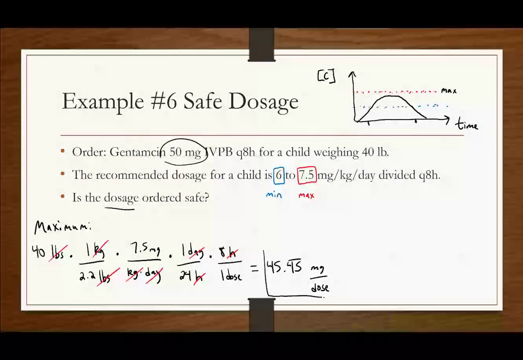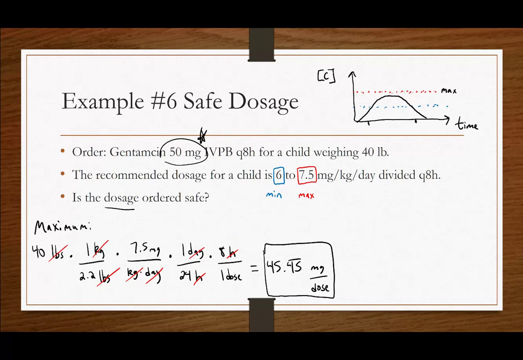So when we make the comparison here to what the order is giving us, we're asked to include 50 milligrams, which actually exceeds the maximum amount, right? So is this dosage ordered safe? We'd say the order is not safe. And our justification might be something like the fact that it exceeds the therapeutic window.